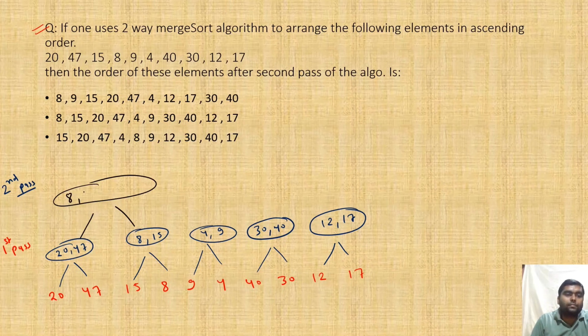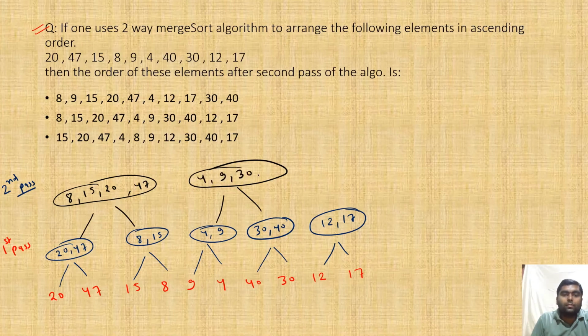After this, the next will be 4, 9, 30 and 40. And this remains the same because there are no other elements. So it is 12 and 70.